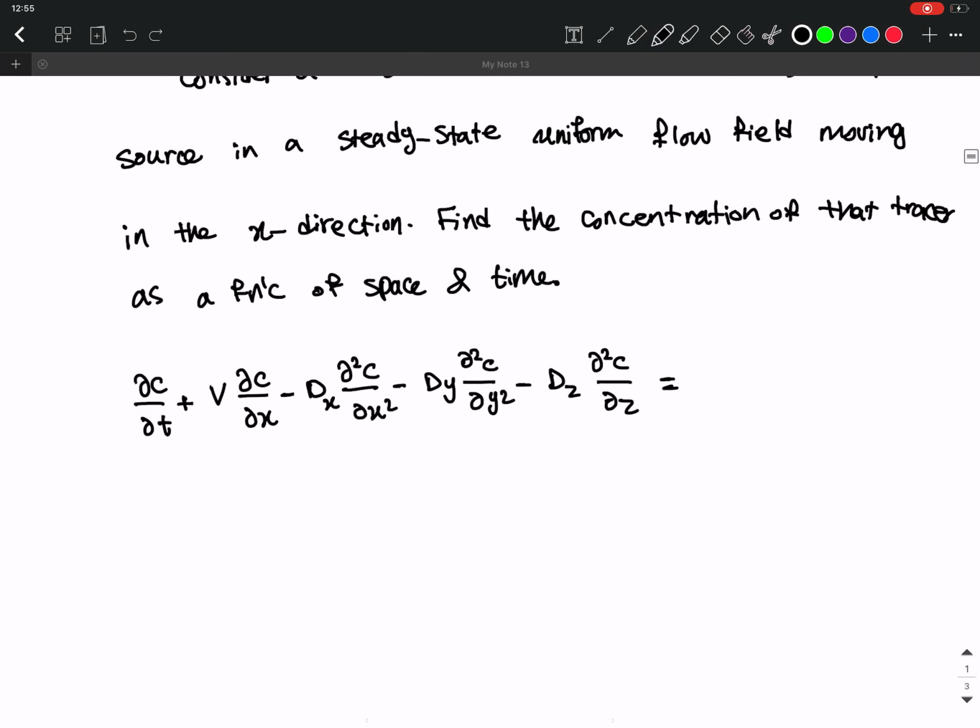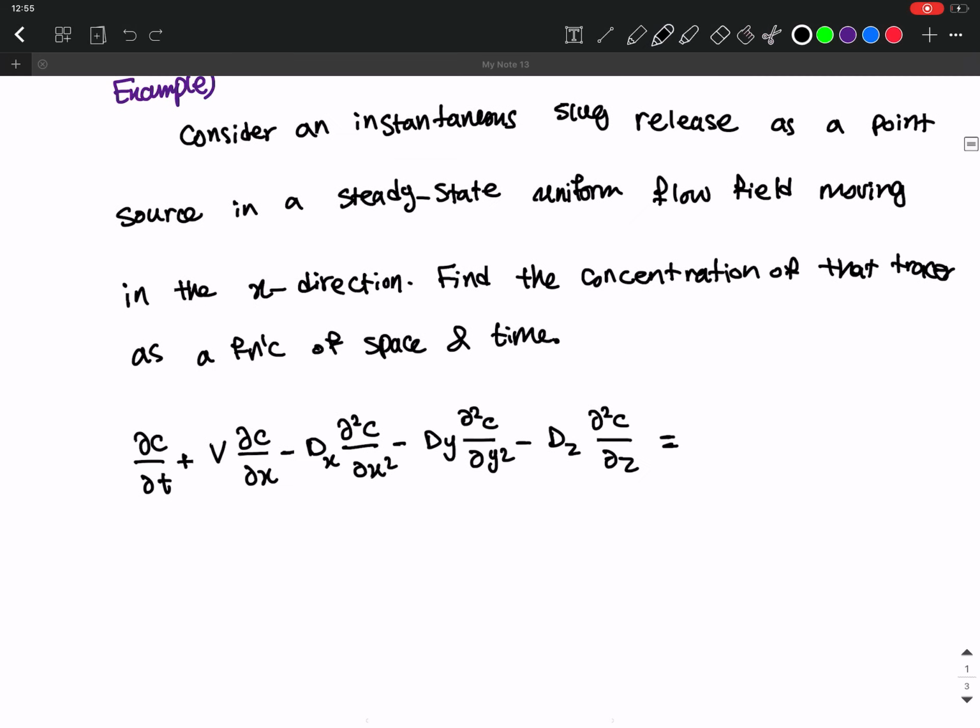the source term, which is the release of the slug as a point source. So it's gonna be, I'm gonna write it down here, equals to the source term, which is m delta function of x minus x0, means it is released at x0, delta y minus y0, released at y0 and z0 at time t0.